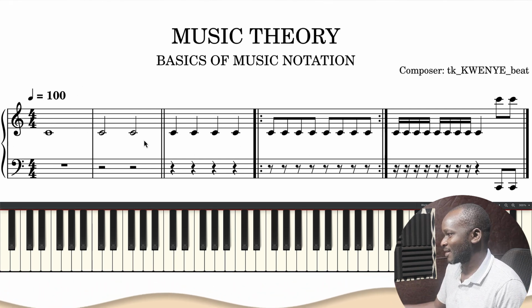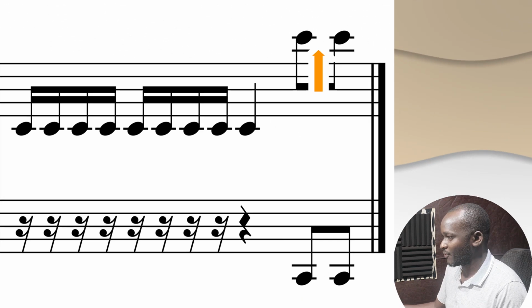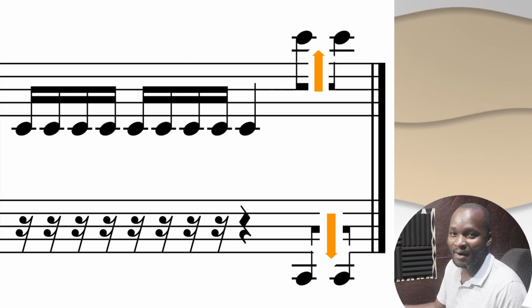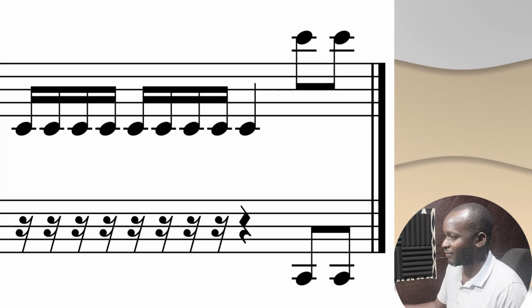These ones are called ledger lines. It's where we write notes with pitches that are above or below the usual 5 lines we know about.